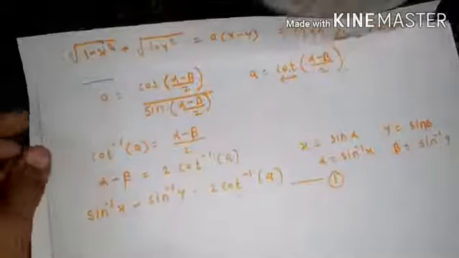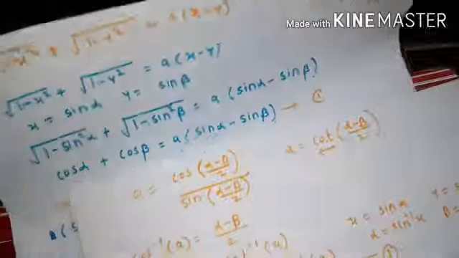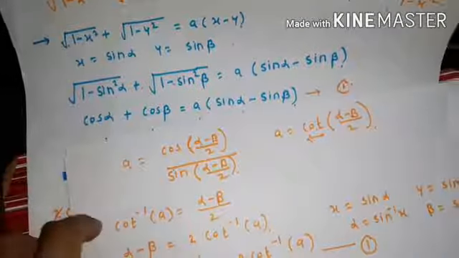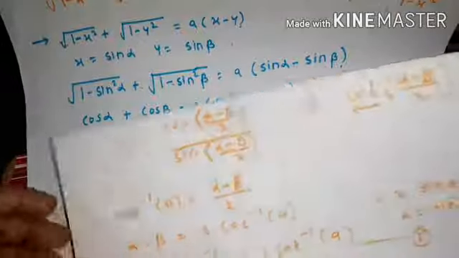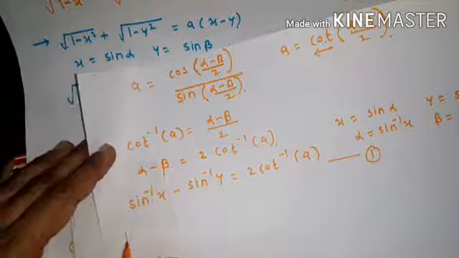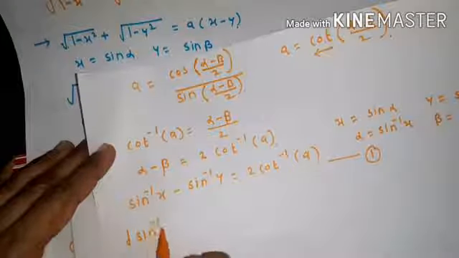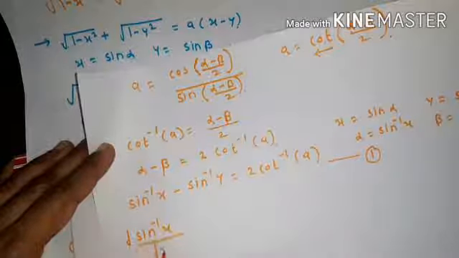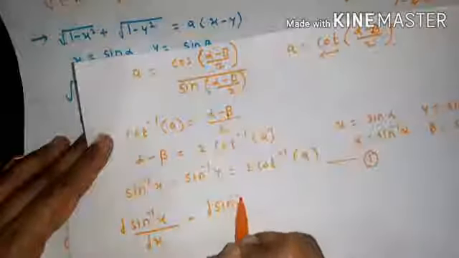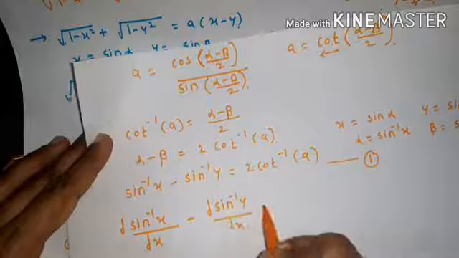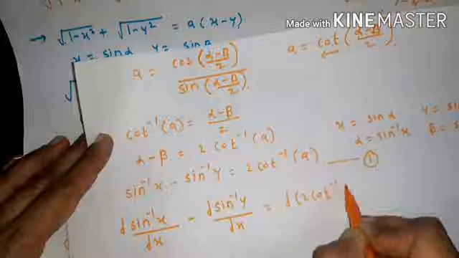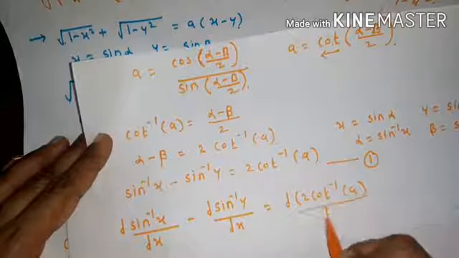And now, to get our required proof, differentiate. Differentiation of sine inverse of x with respect to x minus differentiation of sine inverse of y with respect to x equal to differentiation of 2 cot inverse of a with respect to x.